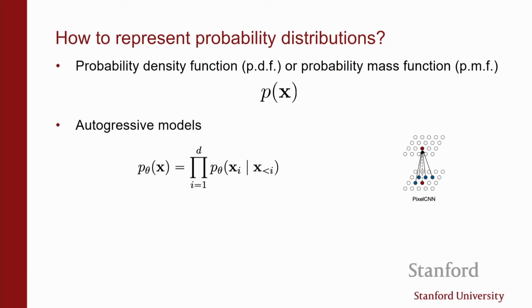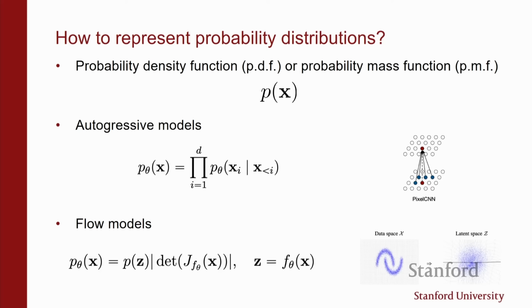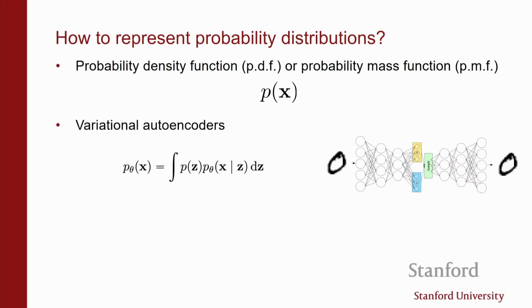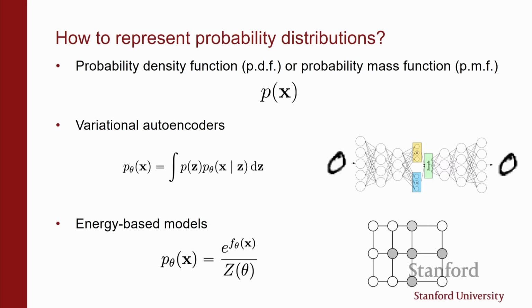So we've seen that one way to get there is to use autoregressive models. Another way is to use flow models, but that always constrains the kind of architectures you can use. The alternative is to give up some of the normalization and use variational tricks to evaluate the likelihood. So we've seen variational autoencoders, and we've seen energy-based models, where you have to deal with this normalization constant that normalizes the probability density.